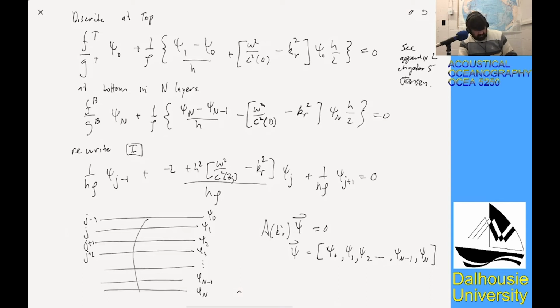And the idea here is that A is going to be a matrix representation, and you can imagine we can find the eigenvalues of A and the eigenvectors, and those will be approximations of the mode shapes.